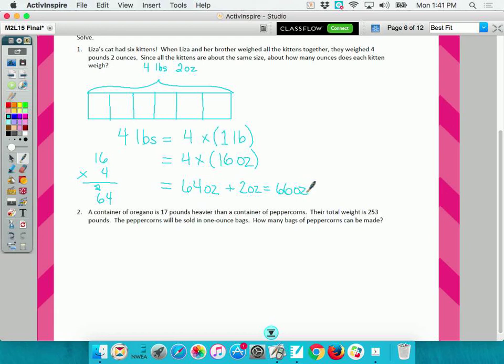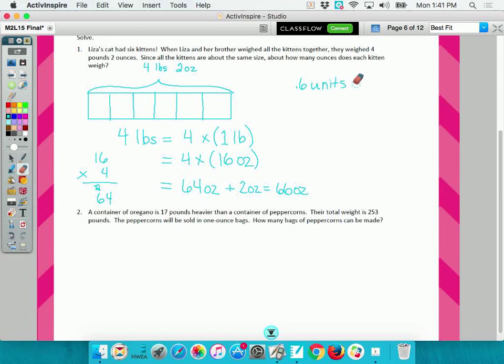66 ounces. So since all the kittens are the same size, about how many ounces does each kitten weigh? 66 ounces. No, I'm sorry, 6 kittens, right?